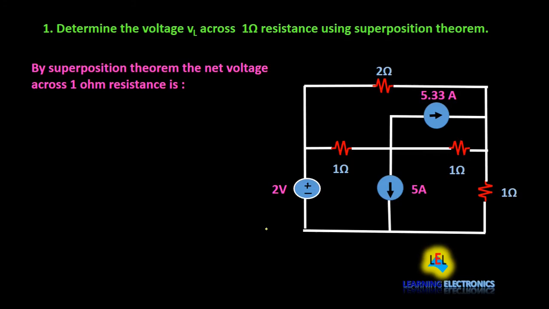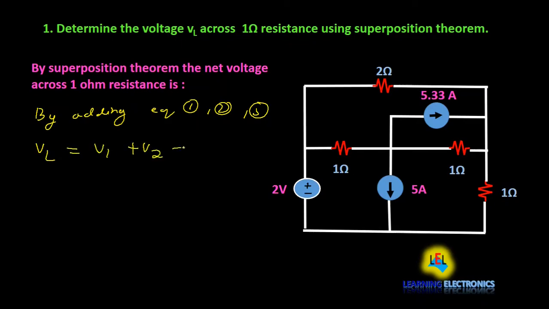Now by superposition theorem, the net voltage across this 1 ohm resistance will be the algebraic sum of all the voltages considering all the sources individually. Okay. By adding equation number 1, 2 and 3, we can get the voltage across this 1 ohm resistance. So net voltage across this 1 ohm resistance, VL, is equal to V1 plus V2 plus V3.